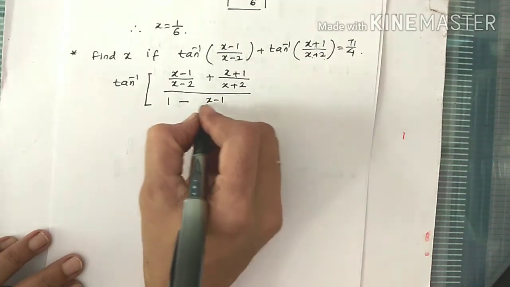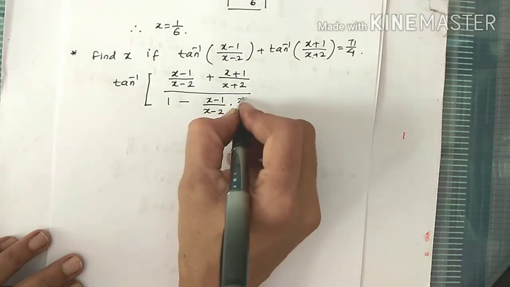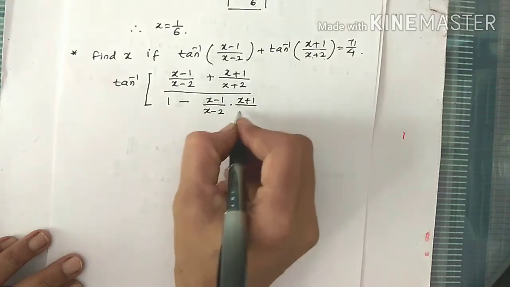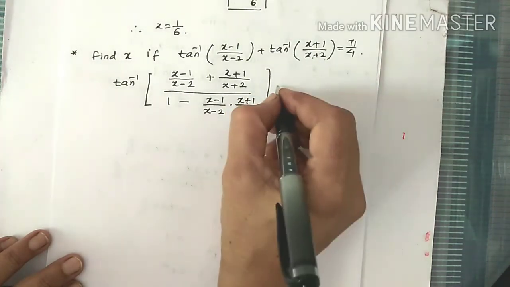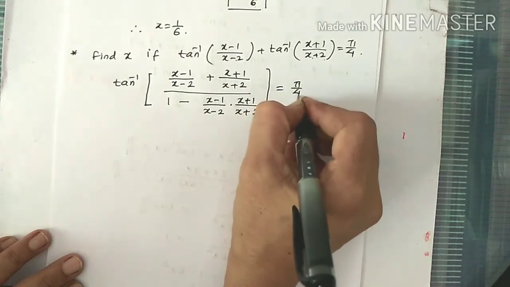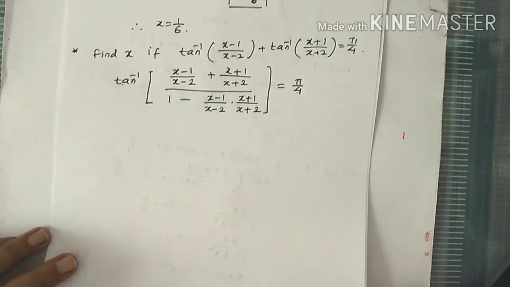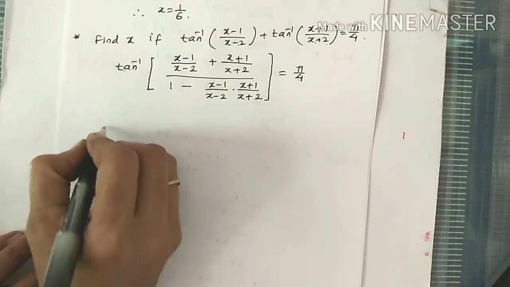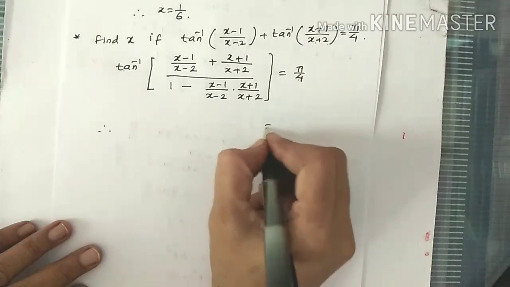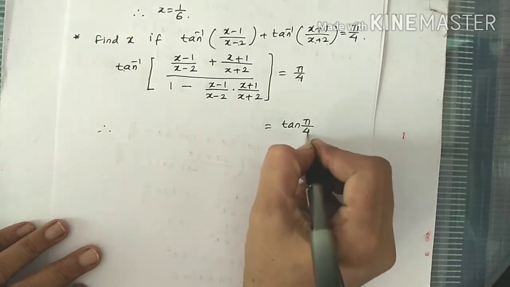So that is (x minus 1) upon (x minus 2) into (x plus 1) upon (x plus 2), and that is pi by 4. Now let's transfer this tan inverse to the right hand side. So the term will be tan of pi by 4, and that will be 1.